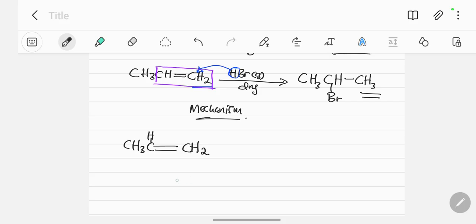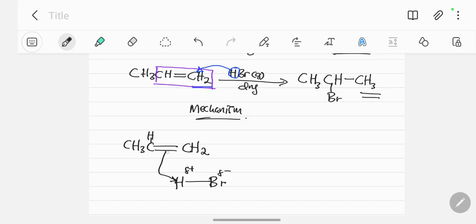Then I'm having hydrogen bonded to bromine. We know very well that these halogens have a higher electron affinity. So it withdraws electrons from hydrogen, making hydrogen partially positive, and it gains that negative charge there.